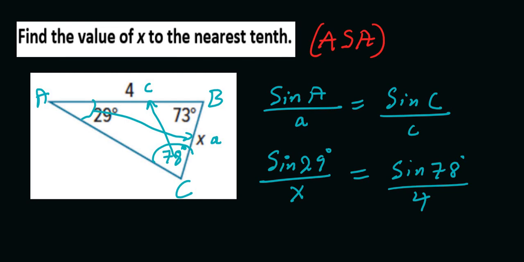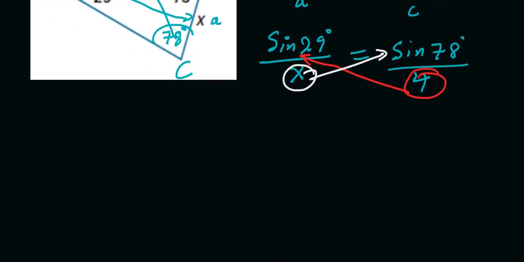So at this point, we can just cross multiply. Use this to multiply the whole of this, and use the X to multiply the whole of this. So when you do that, the equation becomes 4 sine 29 degrees equals X sine 78 degrees.